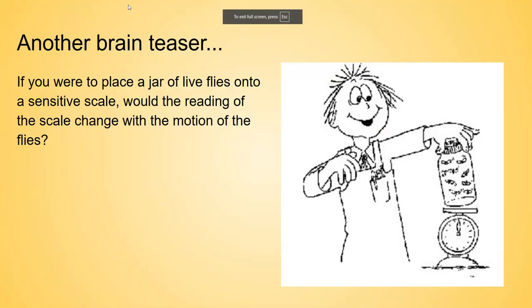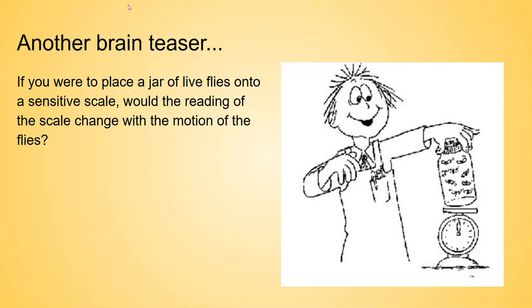One other thing to think about before we say goodbye for today, a brain teaser. Let's imagine that you have a sensitive scale and you've got a jar of flies that you're going to put on the scale. Is the scale reading going to change with the motion of the flies? Let's assume you do this experiment and the flies are alive during it, even though it's a sealed jar.